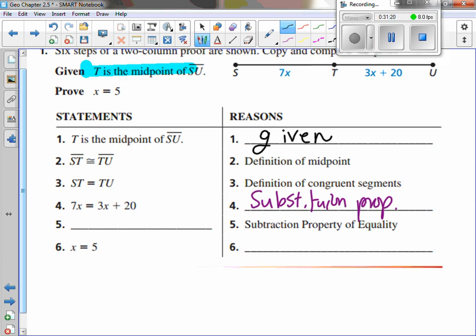We don't have a specific value, but we have a specific equation that we're plugging those in for. Substitution.